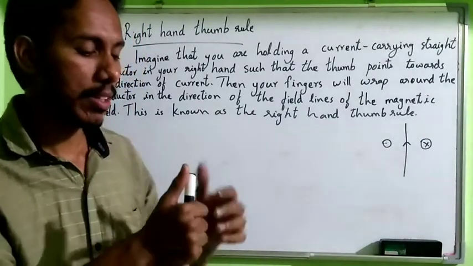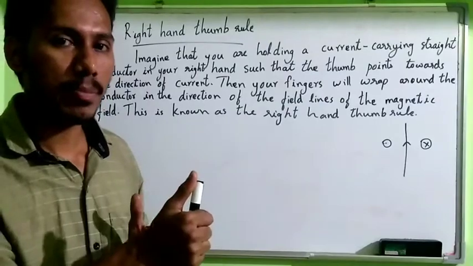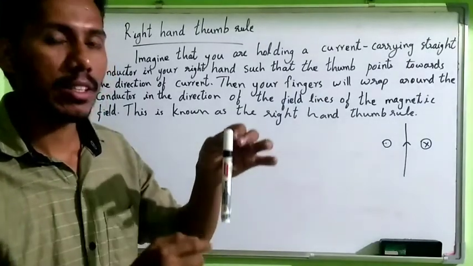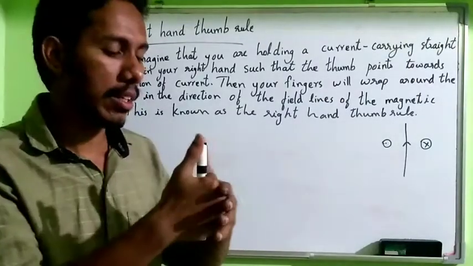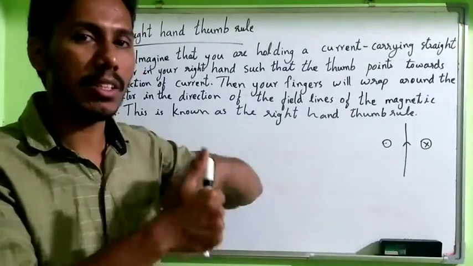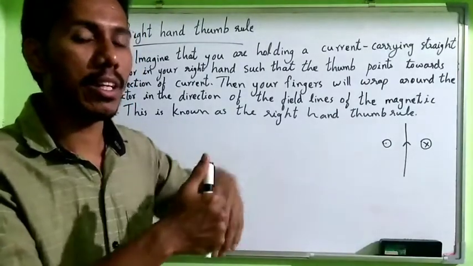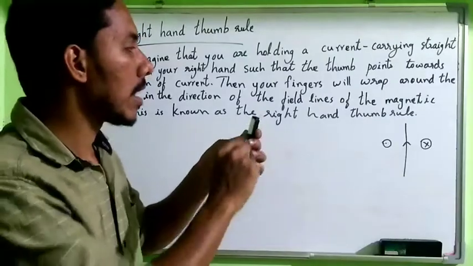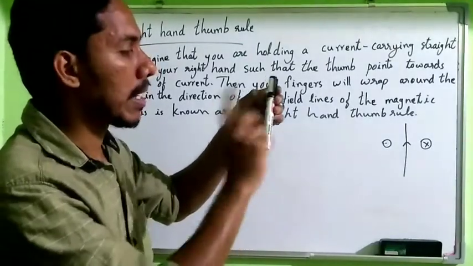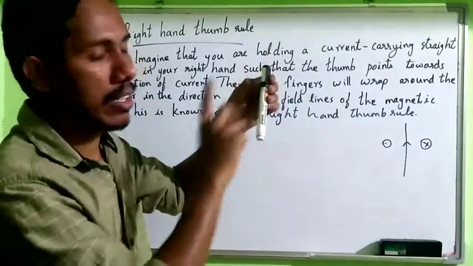For a current carrying conductor, if the current direction is upward, then the fingers represent the magnetic field lines. If the current direction is outward, then the magnetic field direction is in this way.